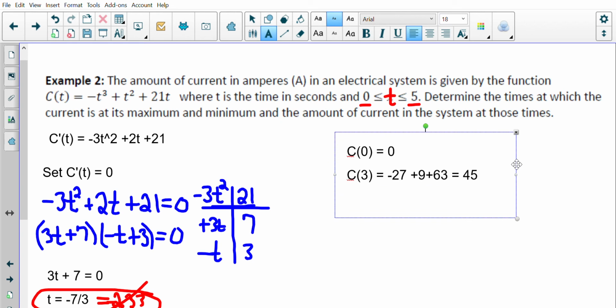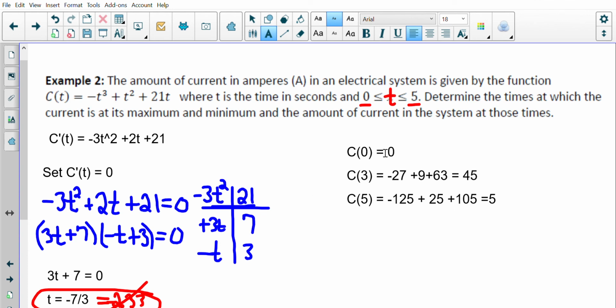Ooh, that's a lot. All right, then I'll check my other endpoint, which was c of 5. And so I get negative 125 plus 25, and then plus 105, for a grand total of 5. Yeah, 5. There we go.